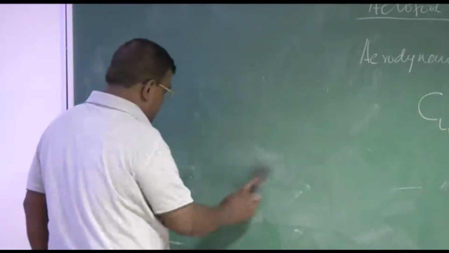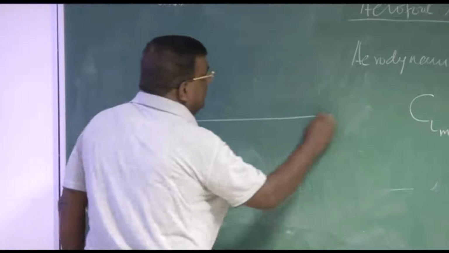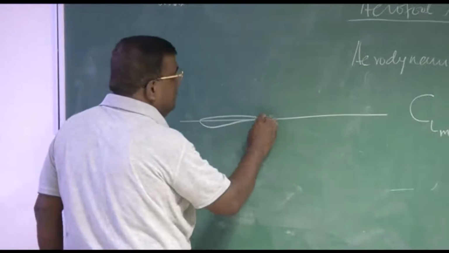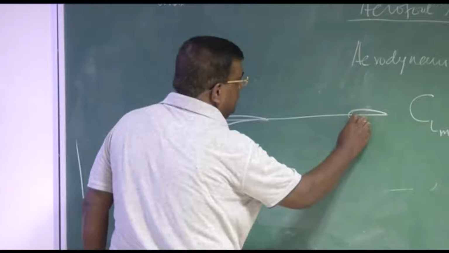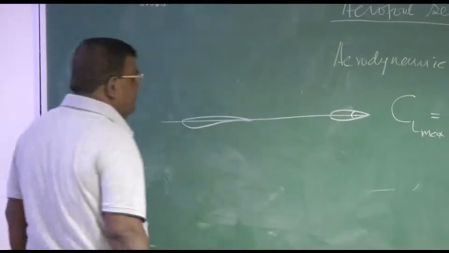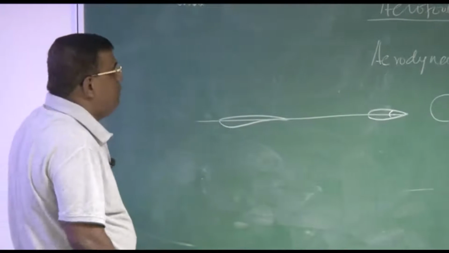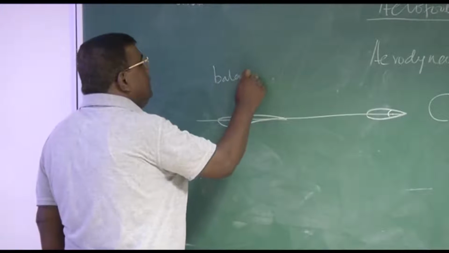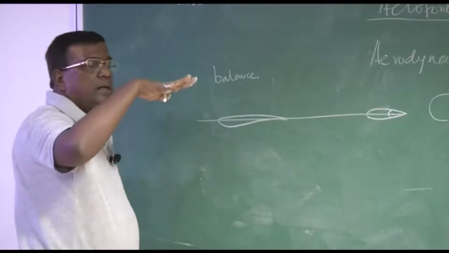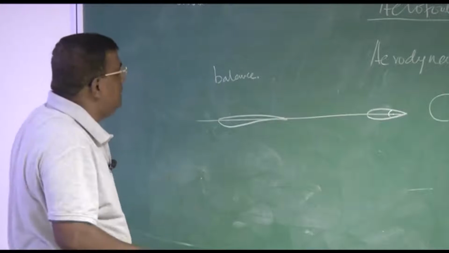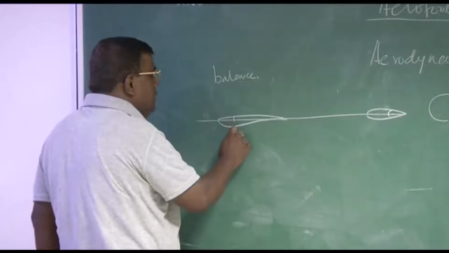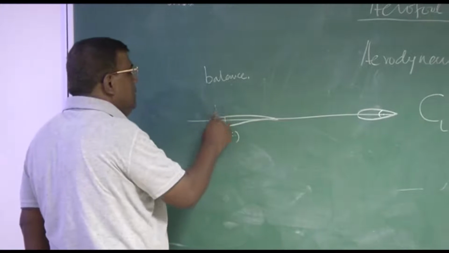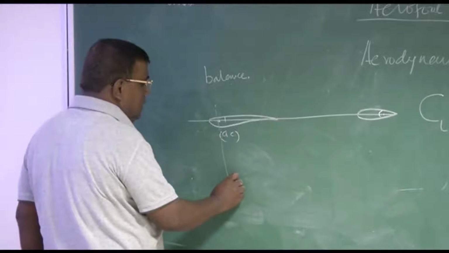Let us see that. Suppose this is the wing and this is the horizontal tail. I want to balance this airplane in air. Let us say this is the AC, and somewhere you have kept, let's say, the CG.